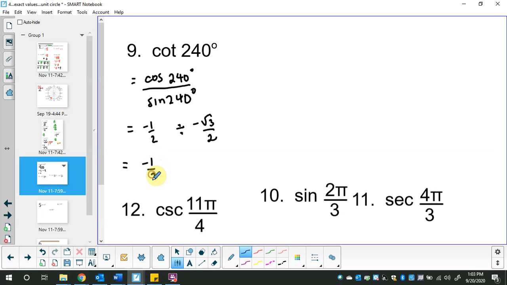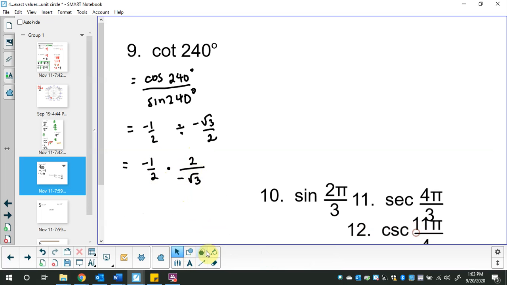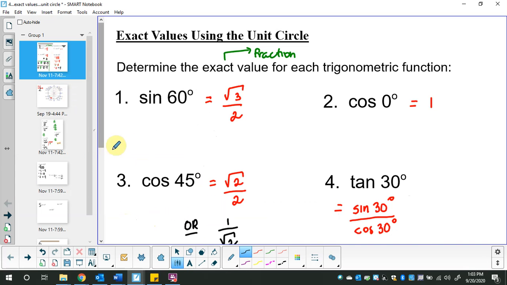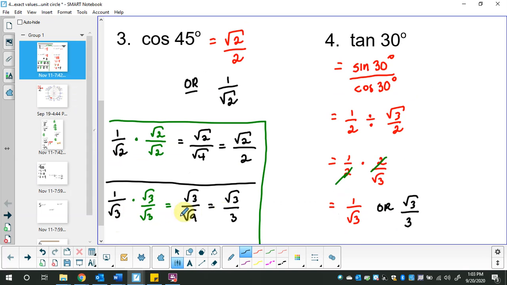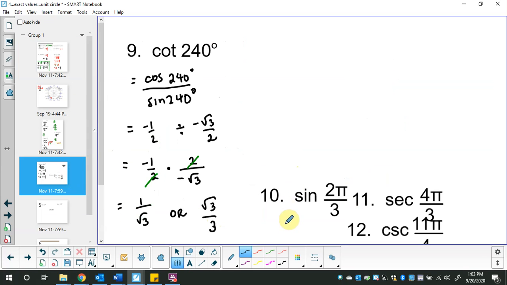So that's negative 1 over 2 times 2 over negative root 3. 2's will cancel out because one's in the numerator and one's in the denominator. Negatives will cancel out because two negatives when you're multiplying or dividing is a positive. So we end up with this as an answer, and I remind you that you may see this because of this uncoolness. All right, next one, 9, 10.